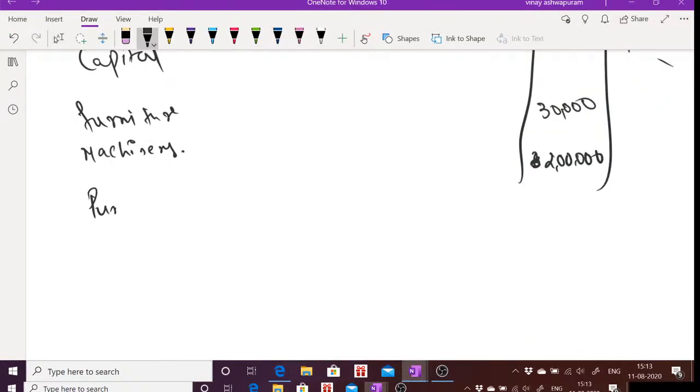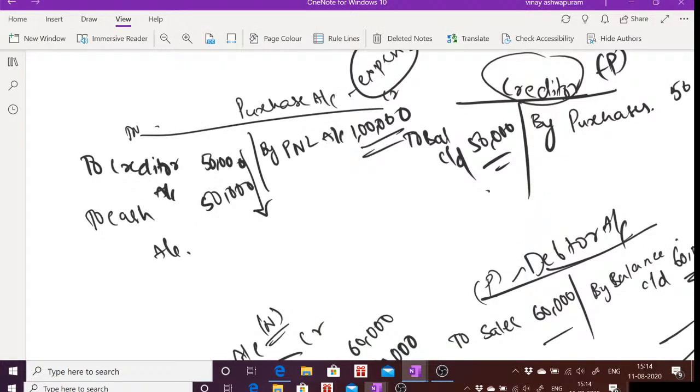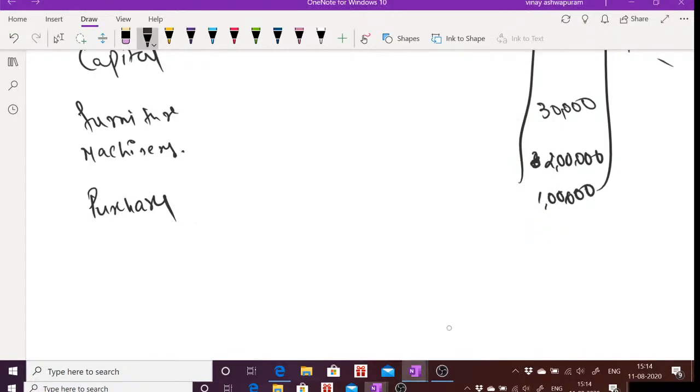So my purchases are 1 lakh on the debit side. Then let's go to the sales. Next, creditor is there. Creditor is showing a credit balance. So that's the reason you have written carried on this side. So write creditor 50,000.